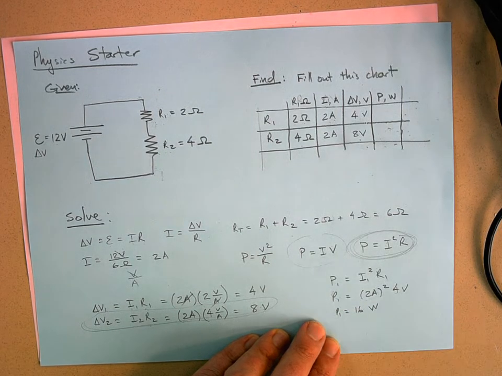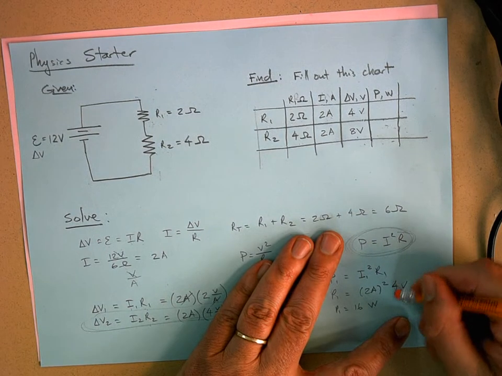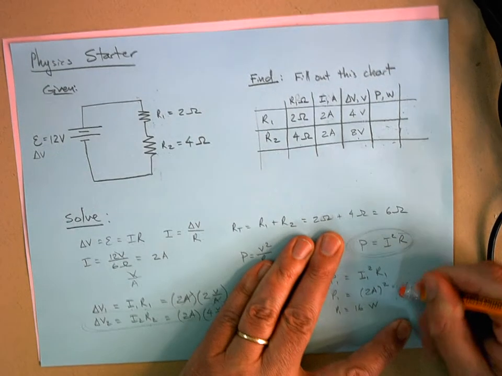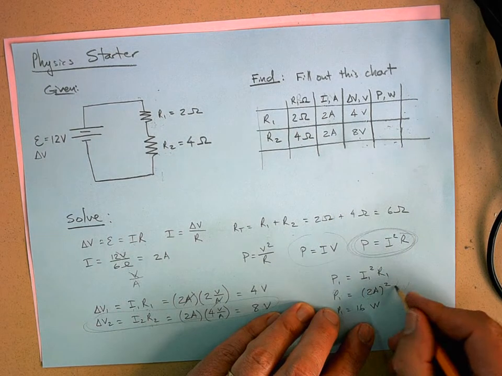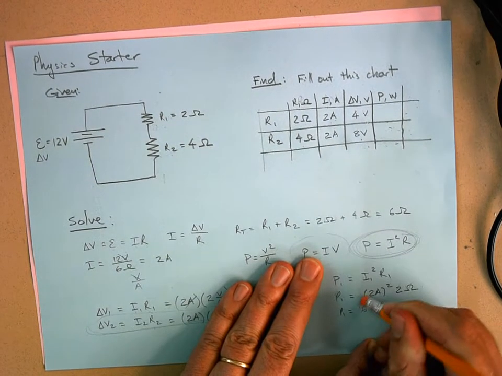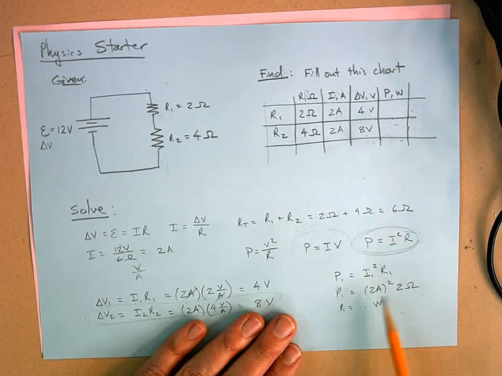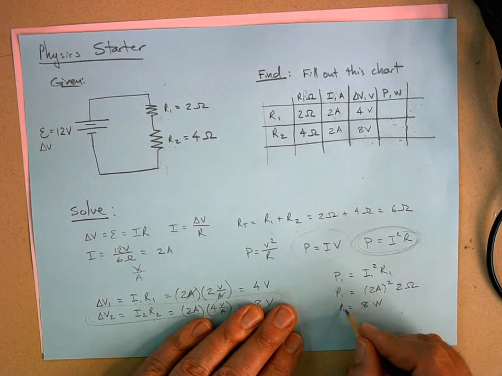Oh, wait, I'm sorry. It's R1. I was getting ahead of myself mentally. What is R1? 2 ohms. And so that's going to be 2 squared is 4. 4 times 2 is 8. 8 watts.